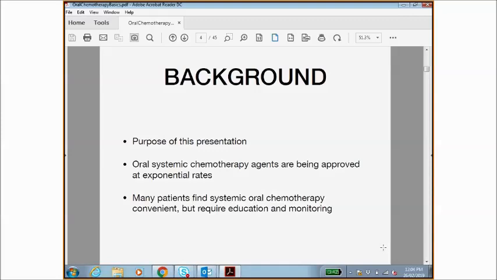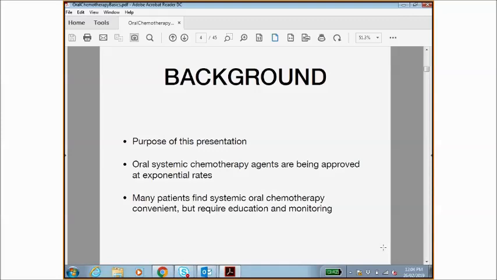Because I've worked in community pharmacy for so long, and then I just started in oncology, I really recognize that there are some gaps in knowledge, and also some ways that we can work together between hospital pharmacists and community pharmacists to improve patient care.